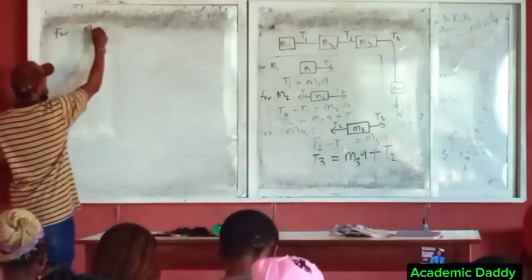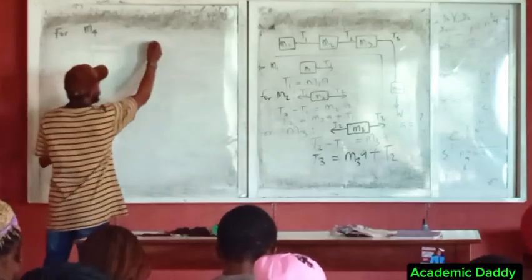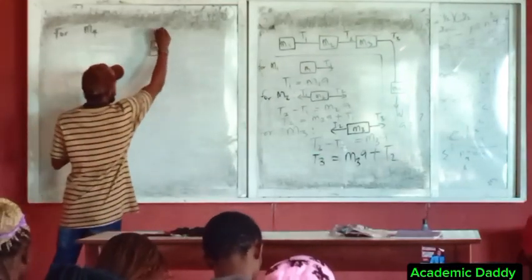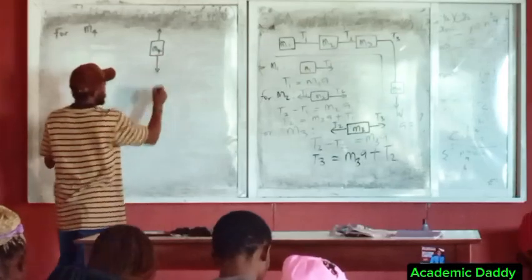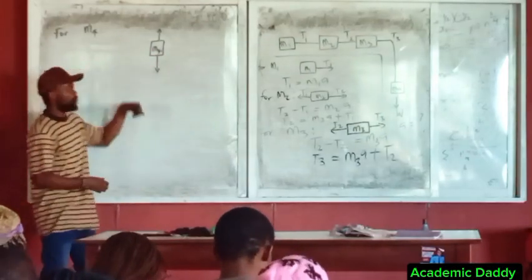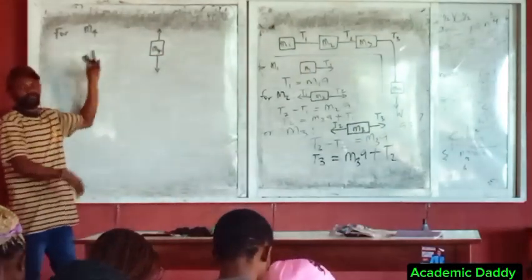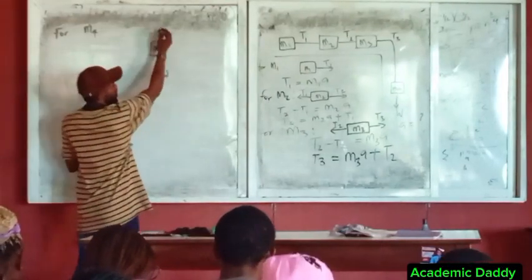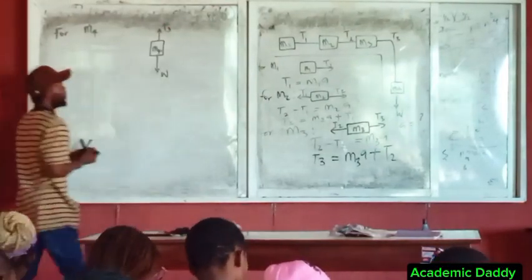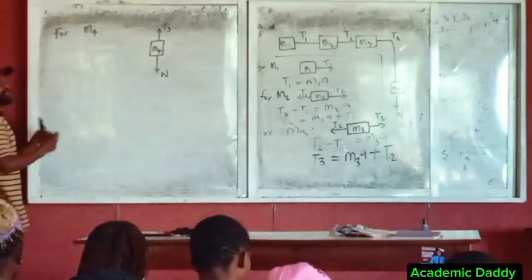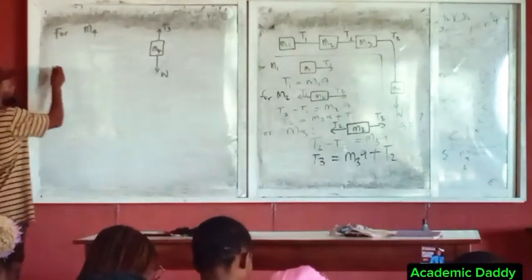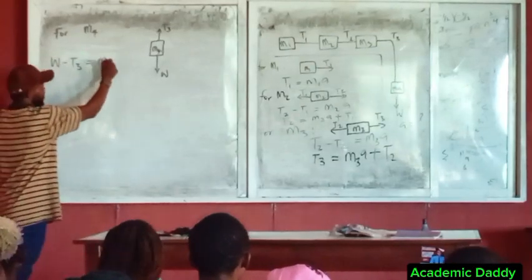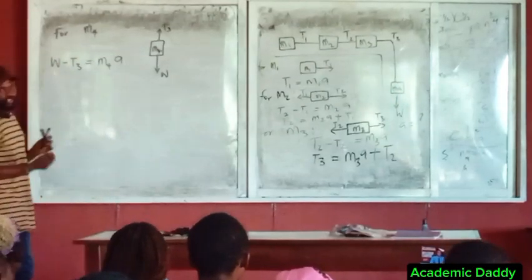For M4, I'll have the mass M4, then I have this, then I have this. Whatever is there is the backward because gravity wants it to come back. So I have W, then I have T3. Forward minus backward, using Newton's second law, so I have W minus T3 equals the mass M4 times the acceleration.